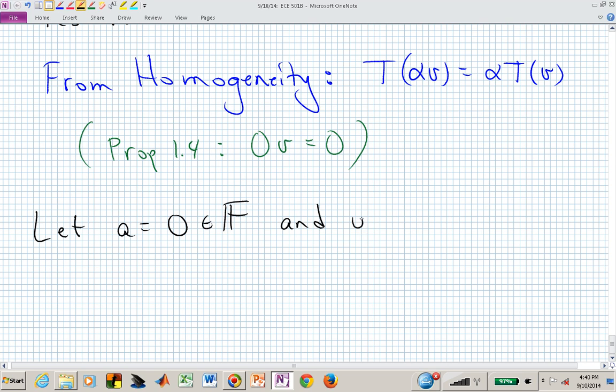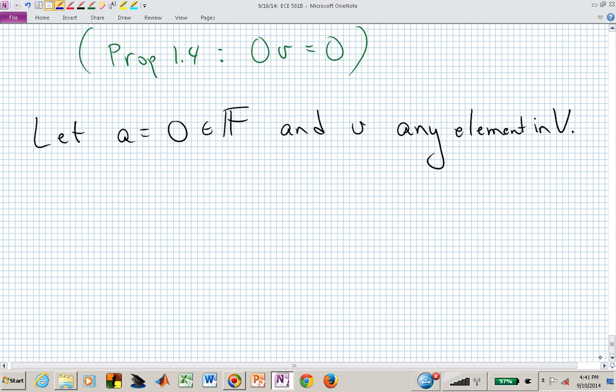And let's let V be any element in our domain vector space, capital V. Now, let's play with what we have. We have T of AV, but now we said A was going to be 0, so we have 0 times V.